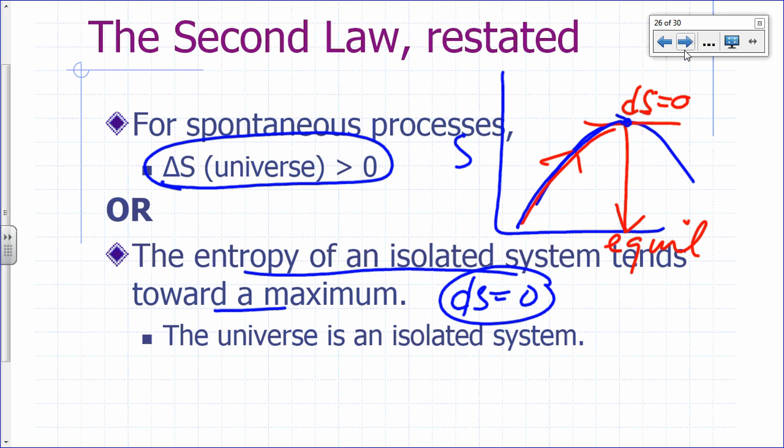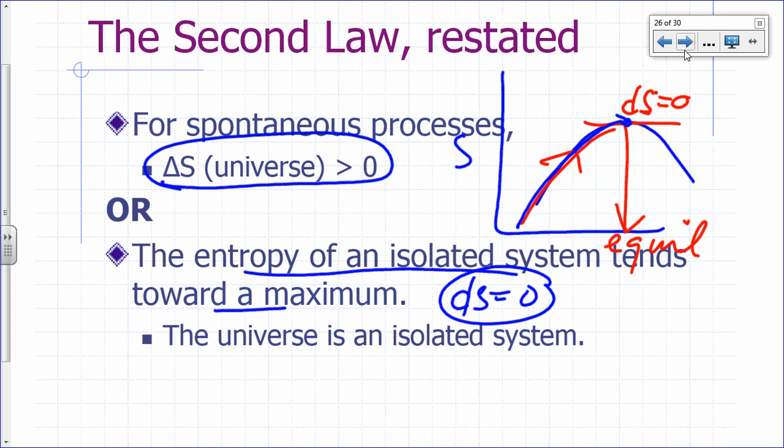Okay? So keep that in mind. When we say the entropy increases during a spontaneous process, we're referring to the entropy of the universe. That's the system and the surroundings. It's possible for the entropy of your system to drop. We say your process is incurring an entropy debt.